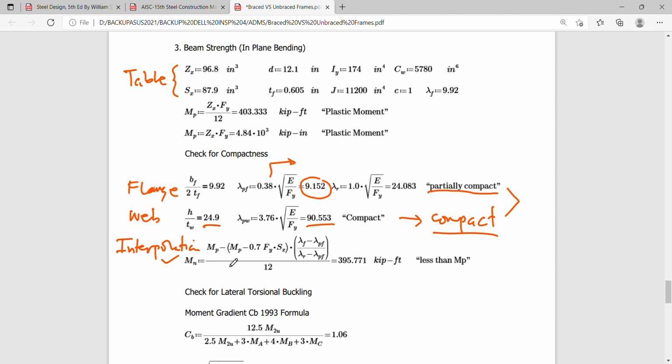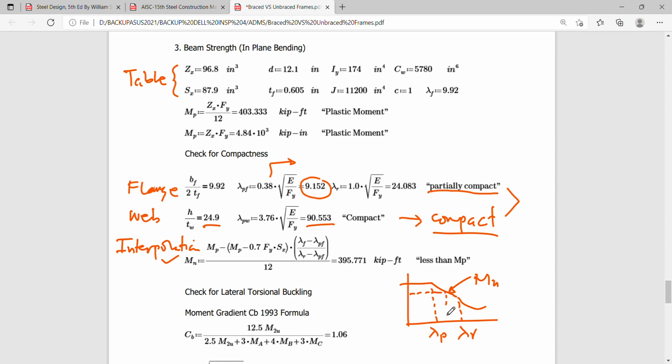wherein Mn is simply a linear interpolation of this formula or the graph which you have. This is now the boundary for your lambda p and the boundary for your lambda r. So we need to make use of a ratio and proportion for the value of Mn in this regard.